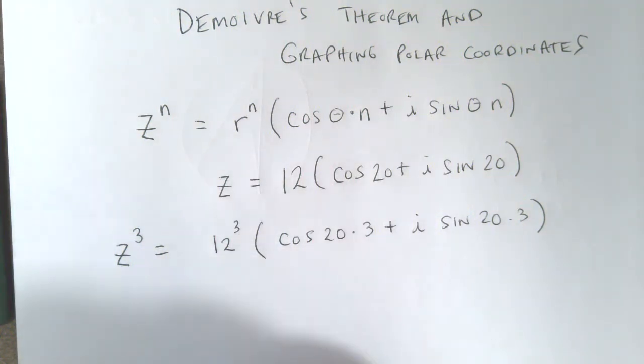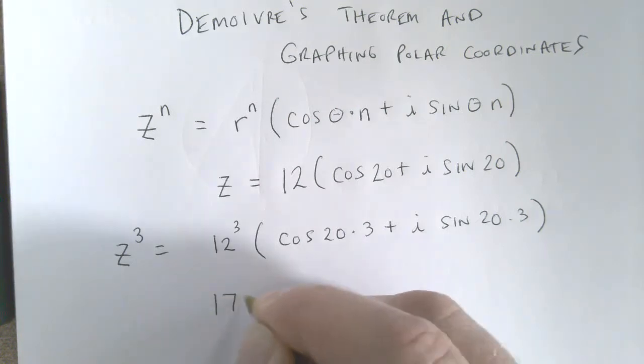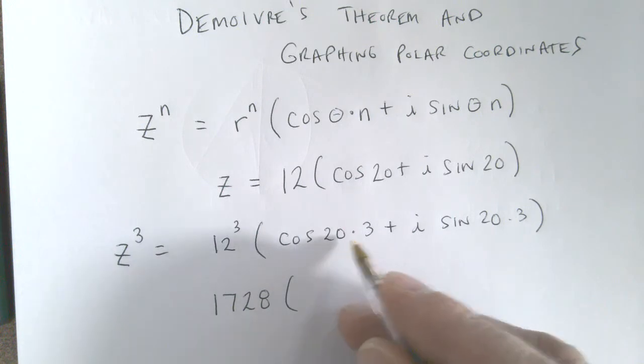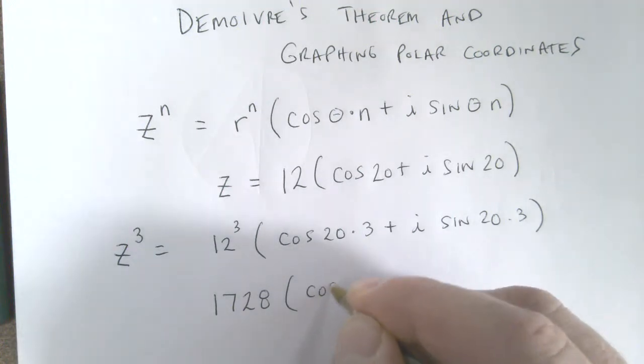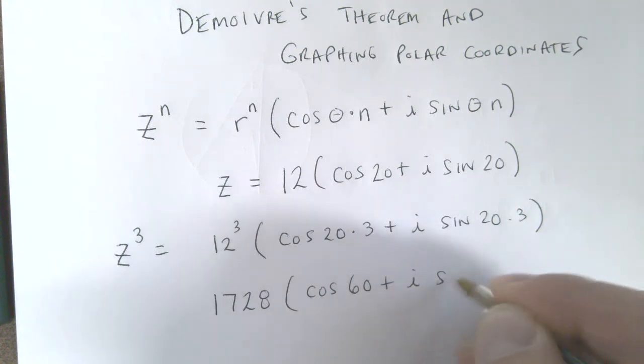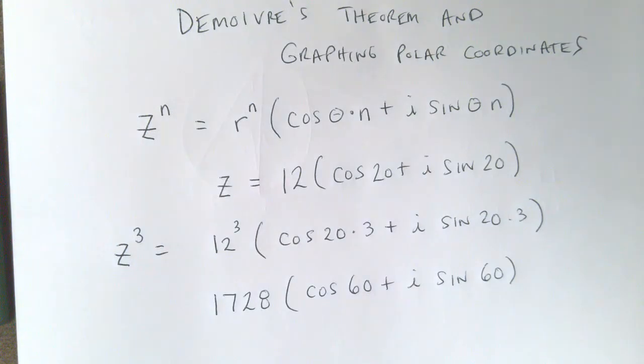We do 12 to the third power in our calculator. We know 12 to the third power is 1728. The cosine of 20 times 3, well, that's the cosine of 60, plus i sine 60.